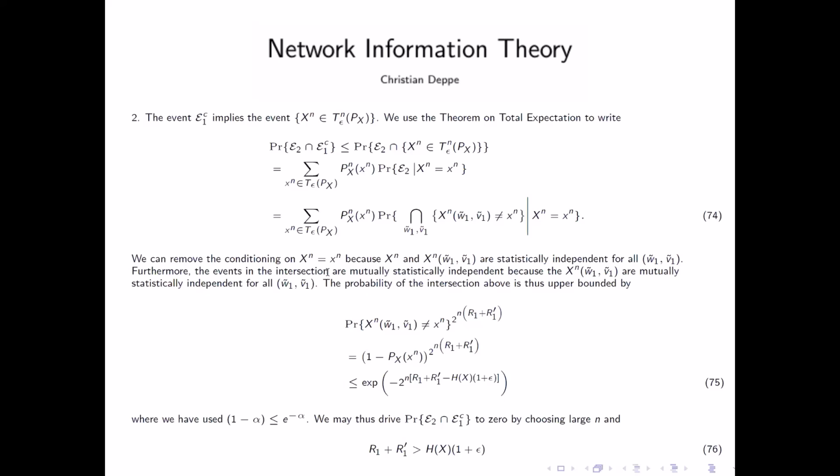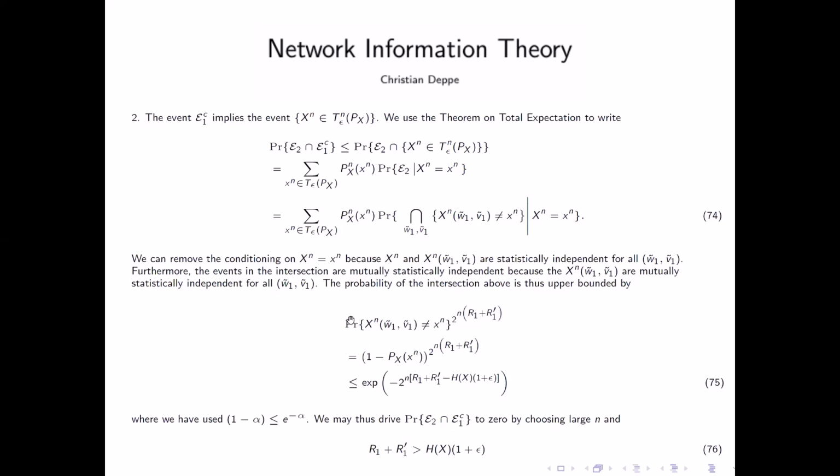Furthermore, the events in the intersection are mutually statistically independent, because xn of W1 tilde and V1 tilde are mutually statistically independent for all W1 tilde and V1 tilde. So we know that they all have the same probability, and we have in total 2 to the n times R1 plus R1 prime code words.